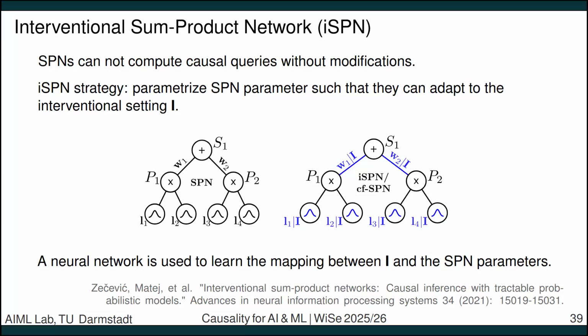So basically what this now requires is that those values for maybe the mean and the variance of a Gaussian in a leaf and the weights of a sum node are now generated by some other function that takes in the set of interventions that are currently active. And in the observational case, it's just that no intervention is active. Usually we encode those interventions as a one hot vector.